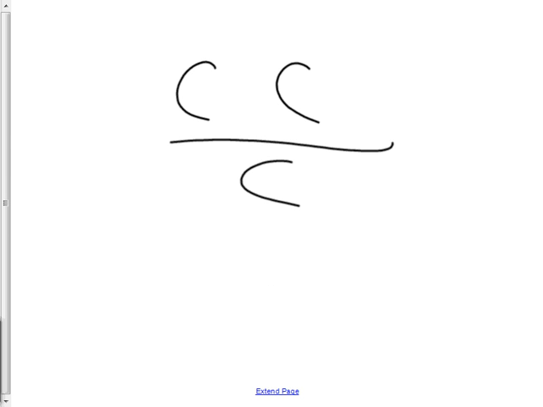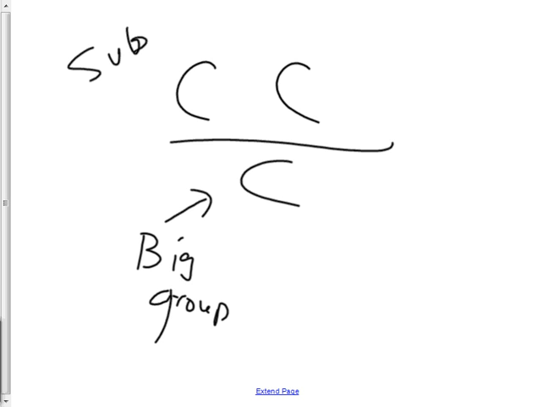This is a probability question where the big group is on the bottom, and the subgroups are on the top. Okay, so let's do one where we have 5 cards dealt.